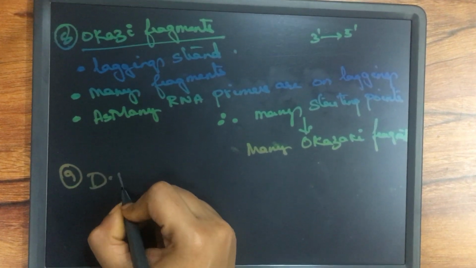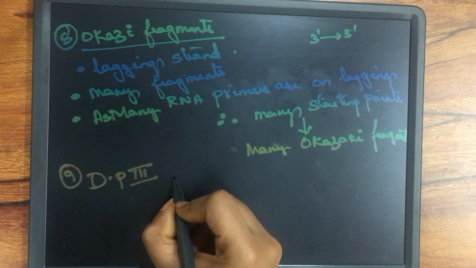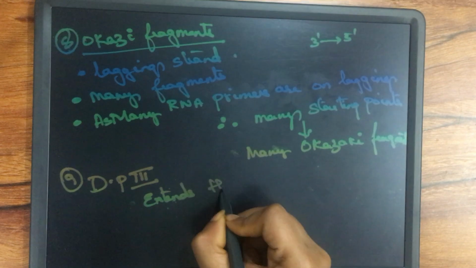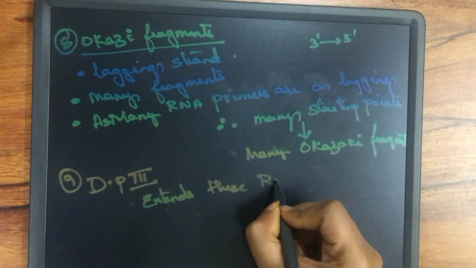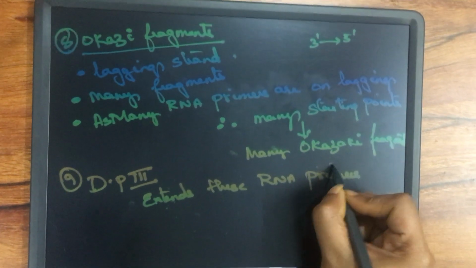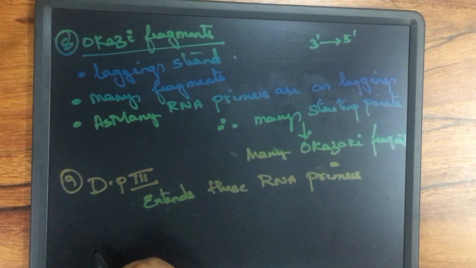Now, DNA polymerase 3 extends these RNA primers on the lagging and leading strand both.